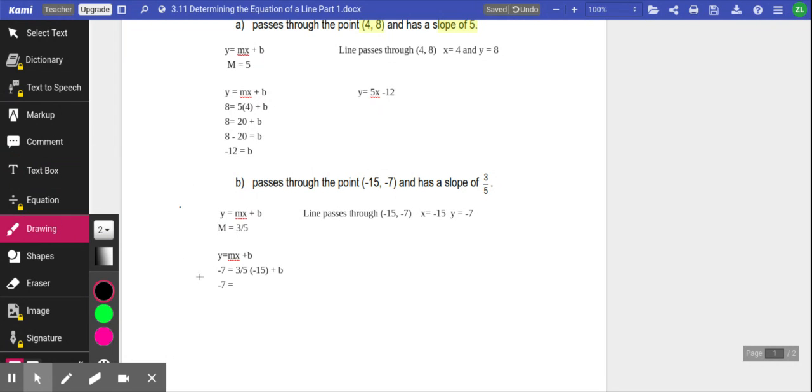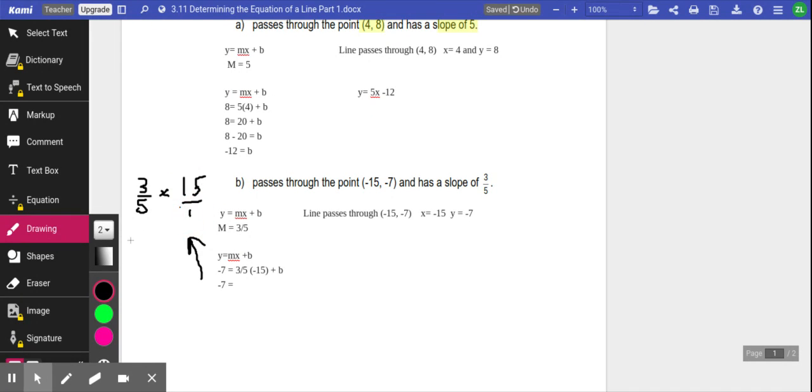So if we just look up here for this scenario, if we multiply fractions, it's going to be 3 over 5 times 15 over 1. So you multiply the tops and the bottoms.